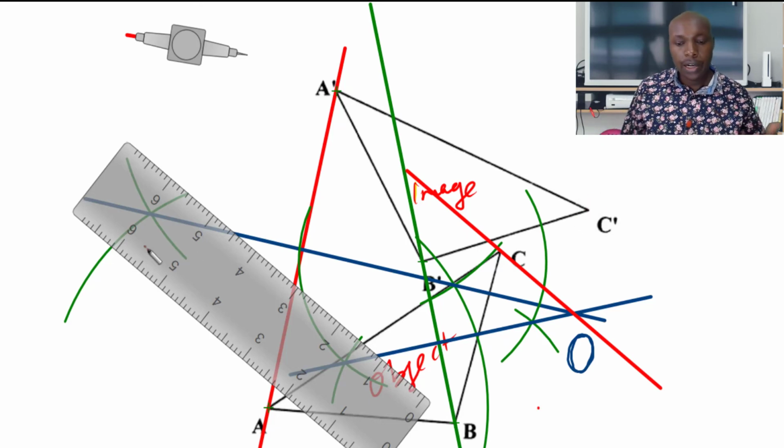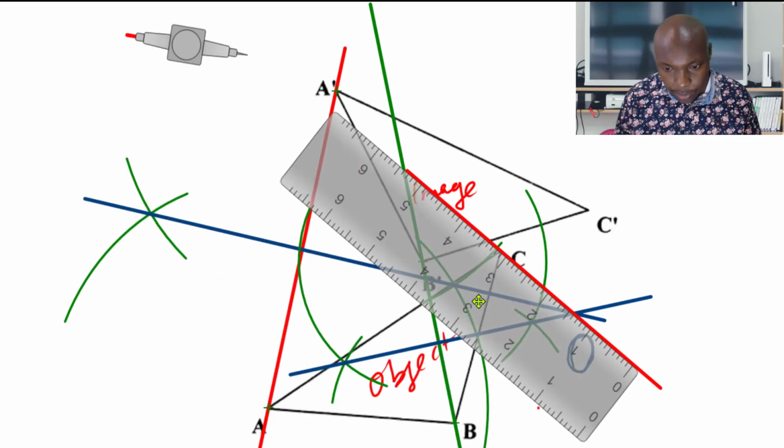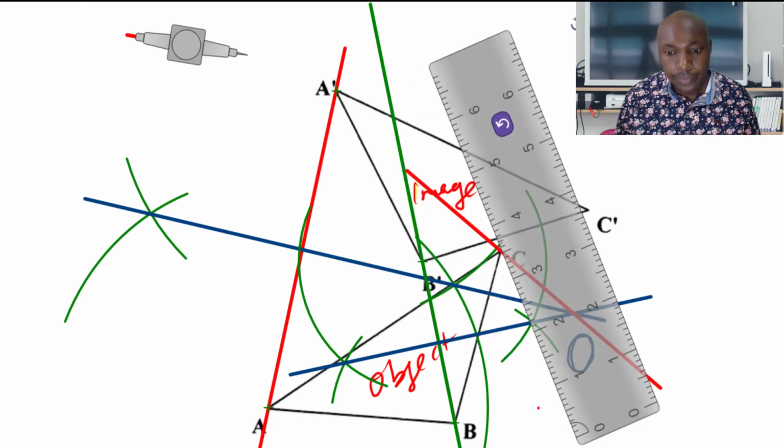You can choose either to join A to the center, then from the center to A prime. All these points can work. So let me draw another line here.